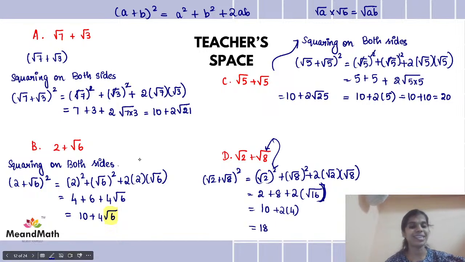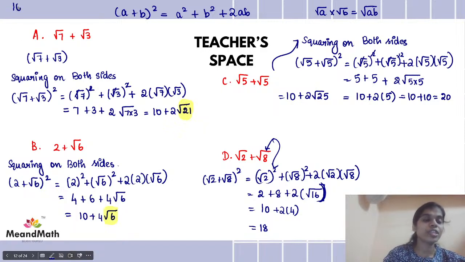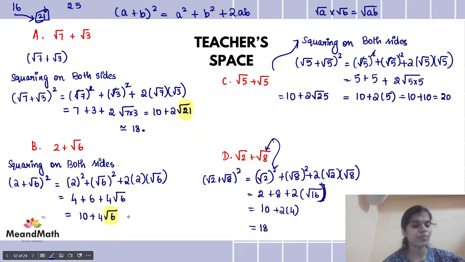Alright? Now see, root 21. 21 lies between the perfect squares 16 and 25. Which means we can say it is something 4 point something. So 10 plus 2 into 4 point something will be 18 point something. So we will get approximately 18 point something as our value.